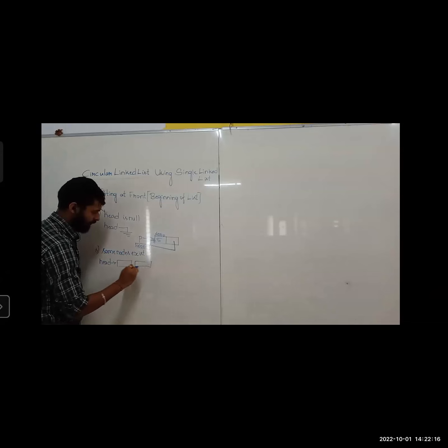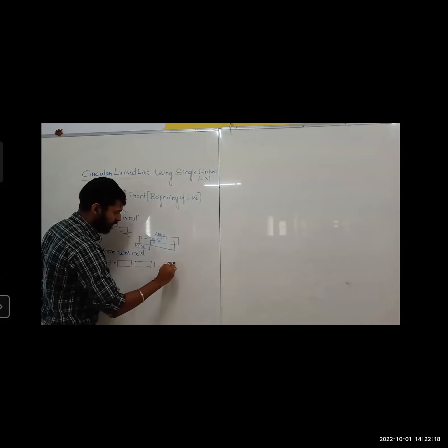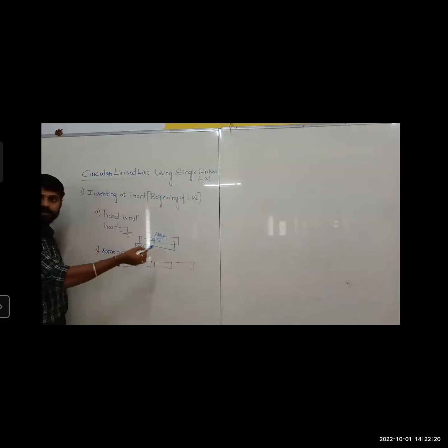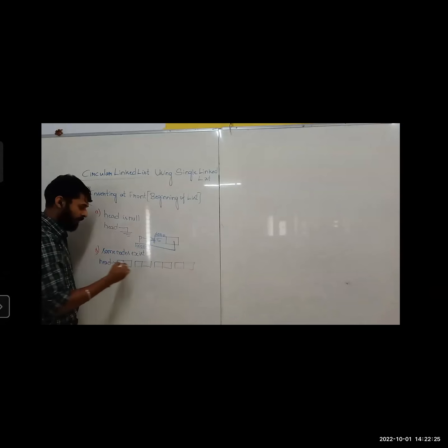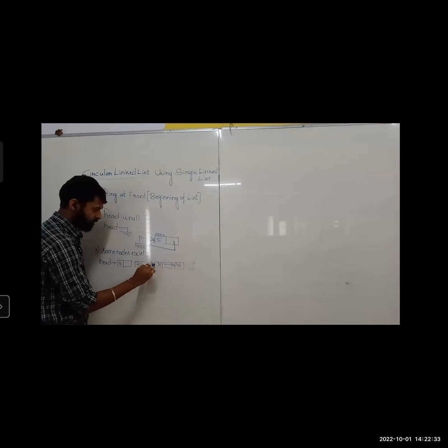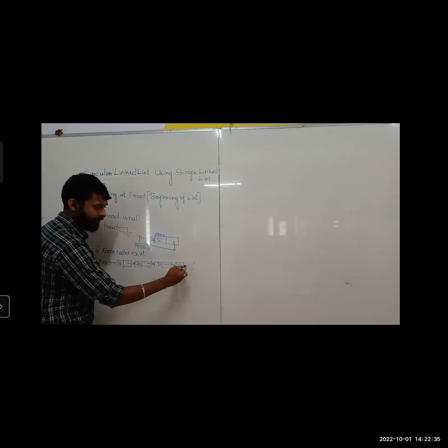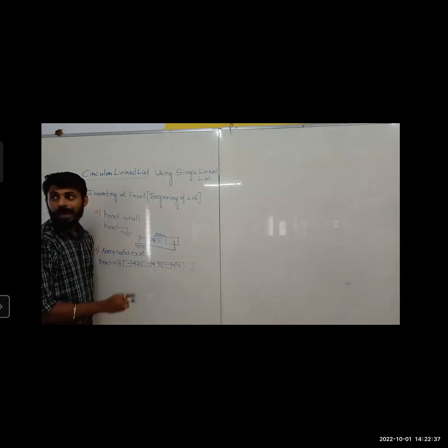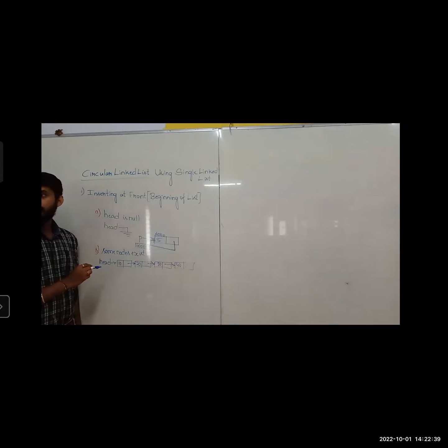It is pointing to your second node. It is pointing to your third. Continuous connection will be there. The head is pointing to only the first node, but connection will be there from first to second, second to third, like that. This, will it be null? No, sir. As it is a circular linked list, where should it be pointing to?